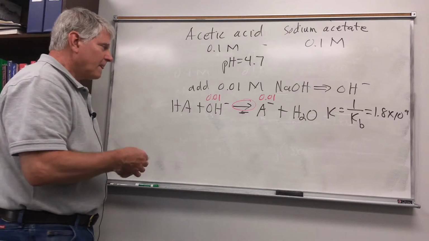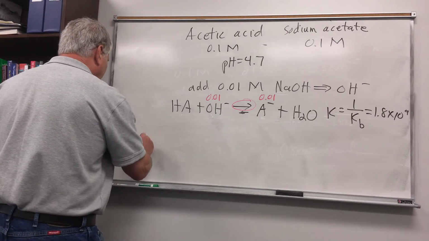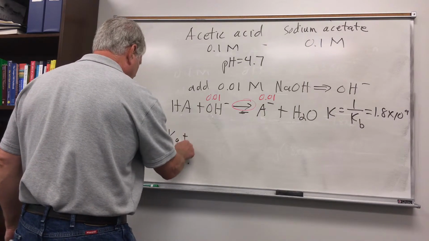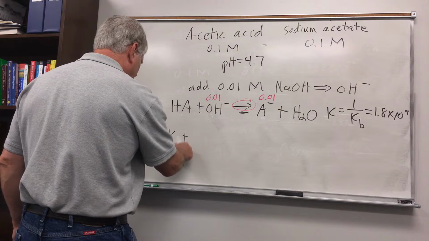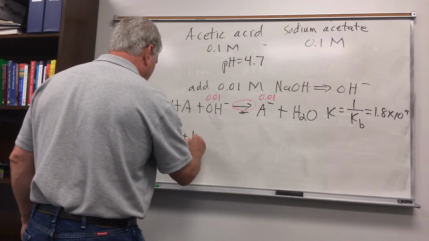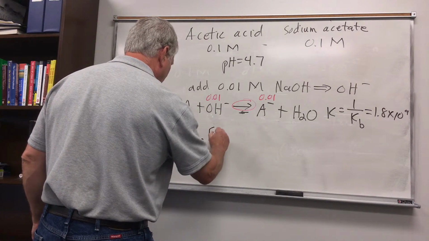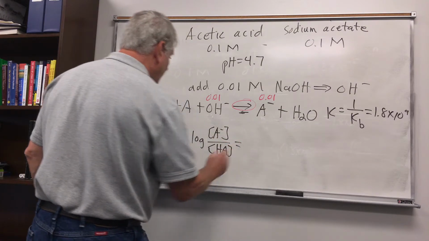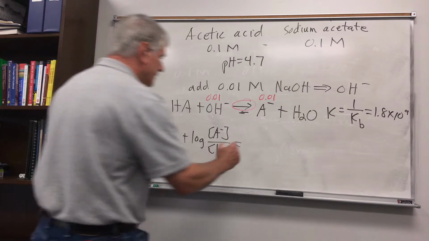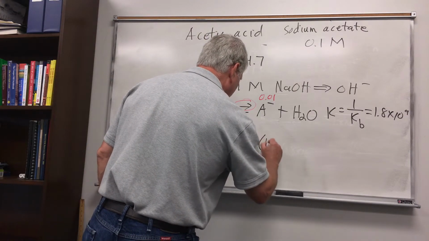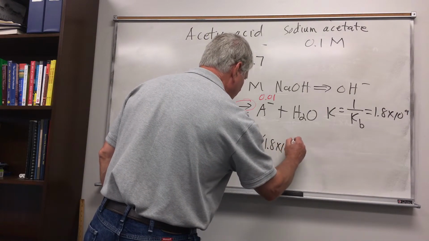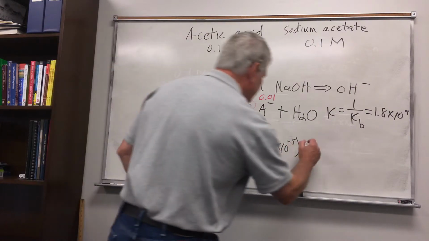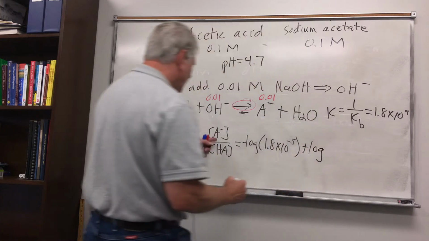So now, if we write the Henderson Hasselbalch equation, then we have negative log of Ka, and we have plus the log of this ratio.